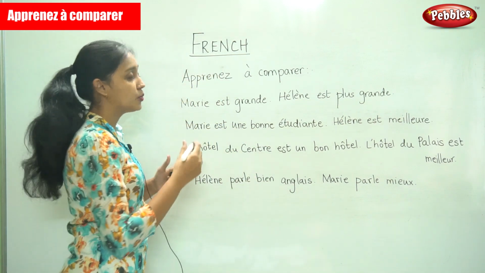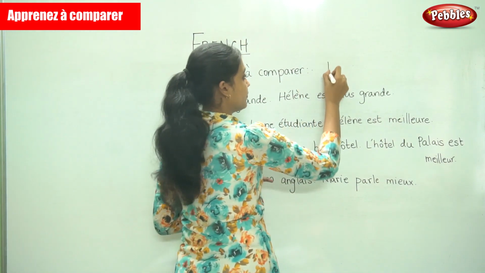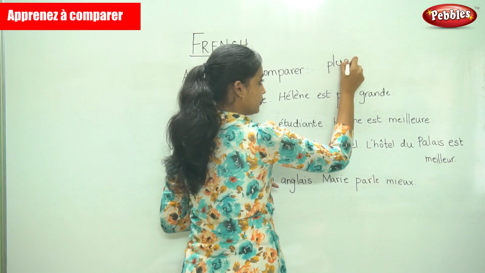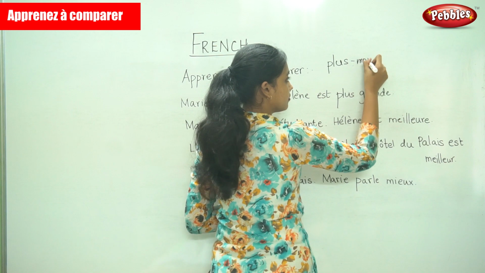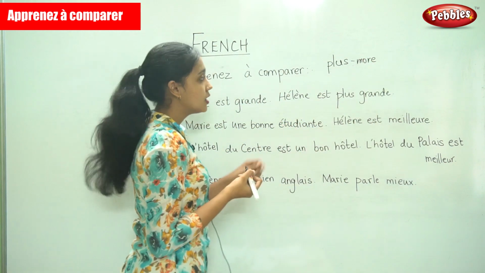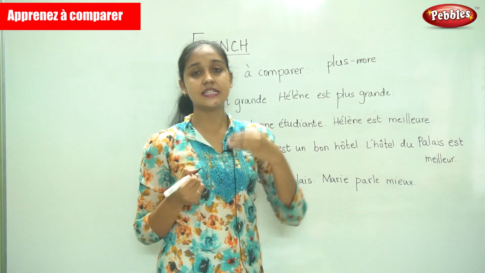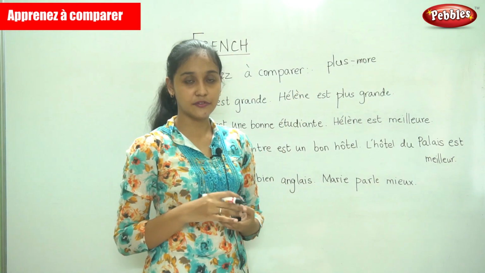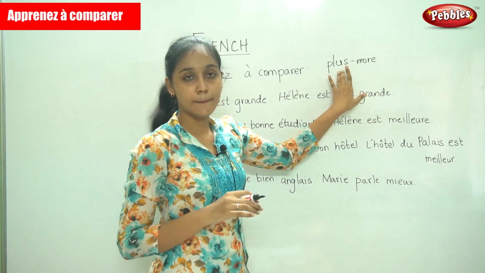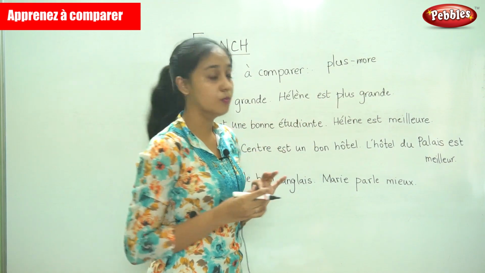So here the words we need to remember is plus. Plus means more. So if you want to say something is better or to a higher level than the particular one we are speaking, we use plus. Plus means more.